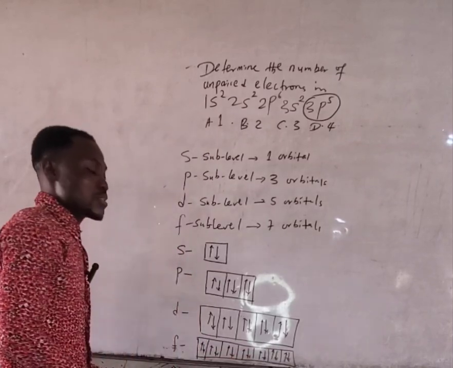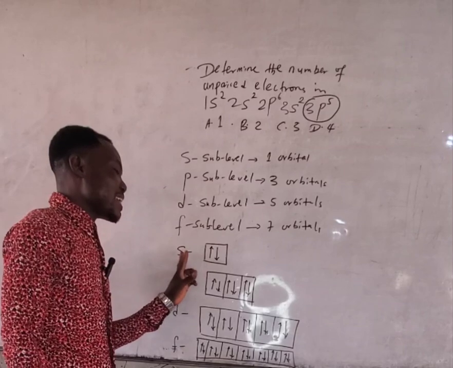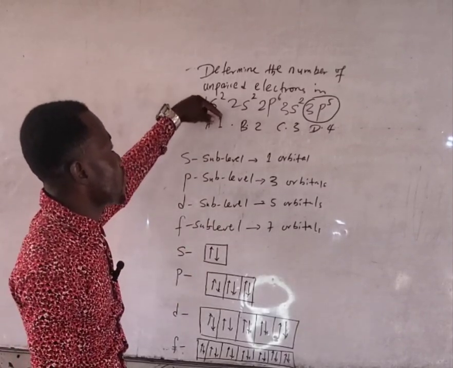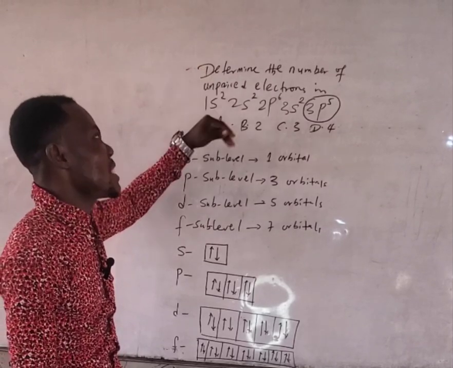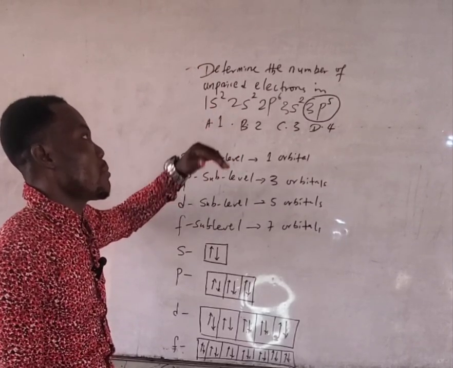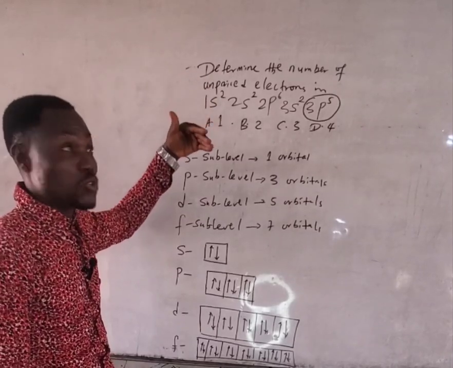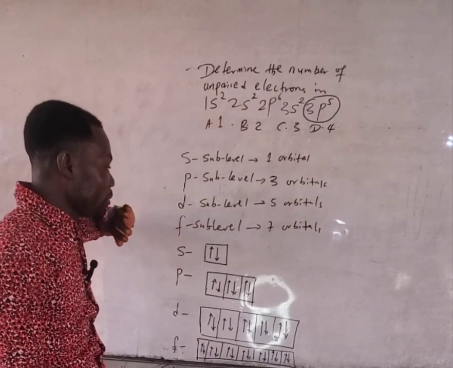So from this we can see that the maximum number of electrons an s orbital can accommodate is 2, and that is why in the electronic configuration the highest number s can take is 2, unless the number of electrons remaining that's supposed to fall on that s, depending on the atom, is no longer up to 2. Then you can write the 1 there.